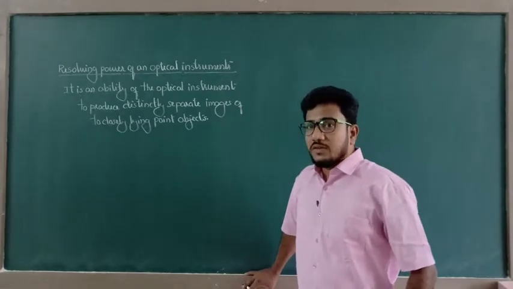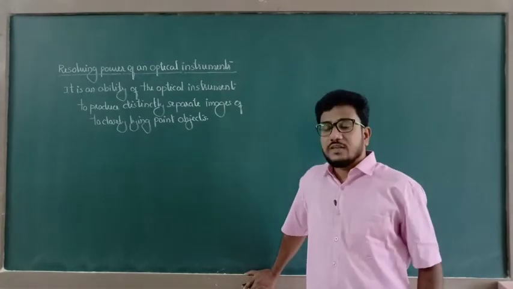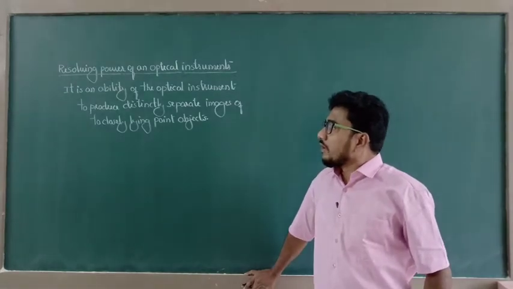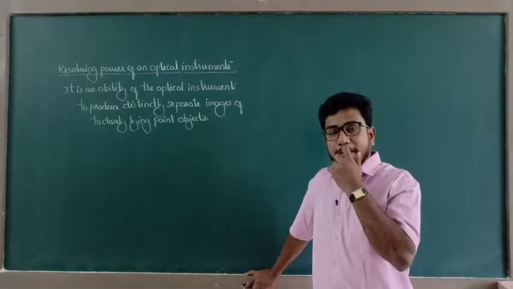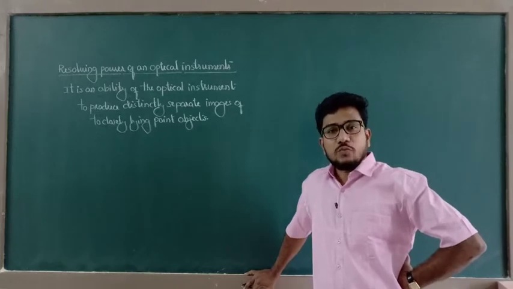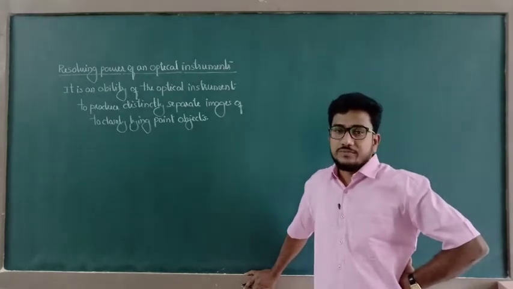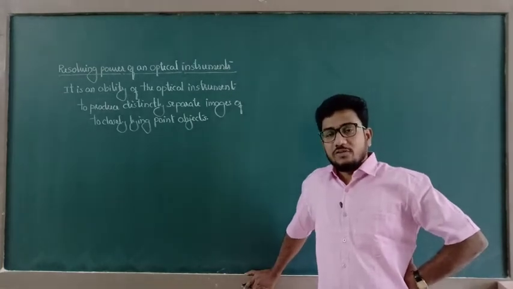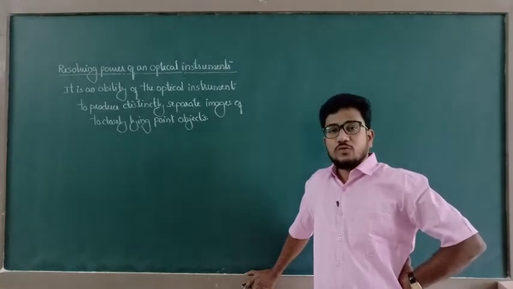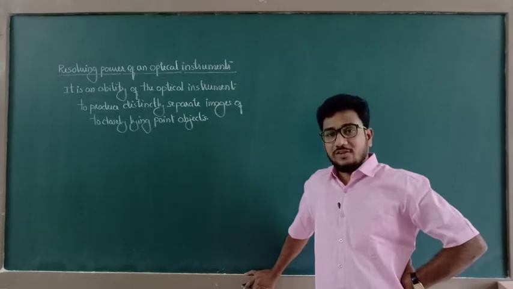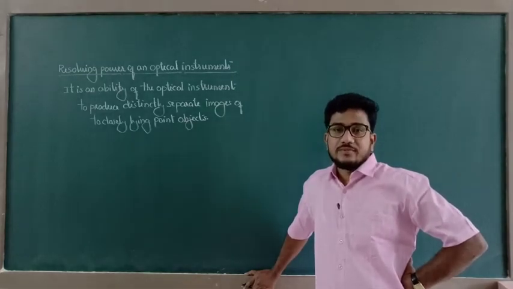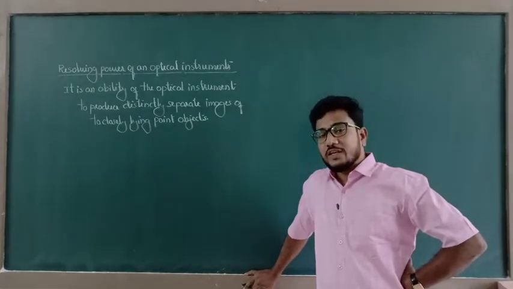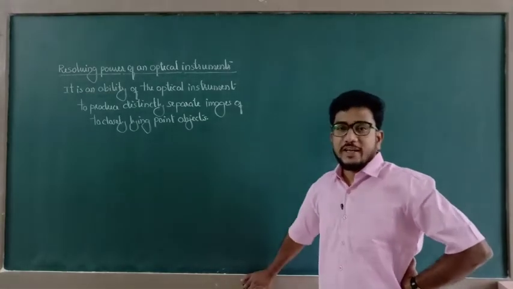This was studied by one of the scientists, and the name of that scientist is Rayleigh. So we can say two point objects are resolved, not resolved, or well resolved depending upon the overlapping between the diffraction patterns of two closely lying point objects.